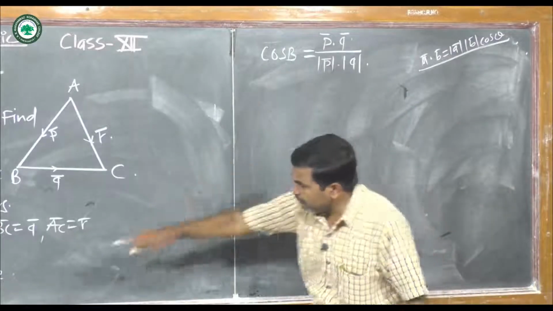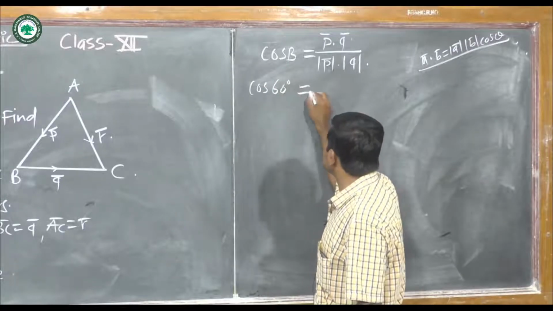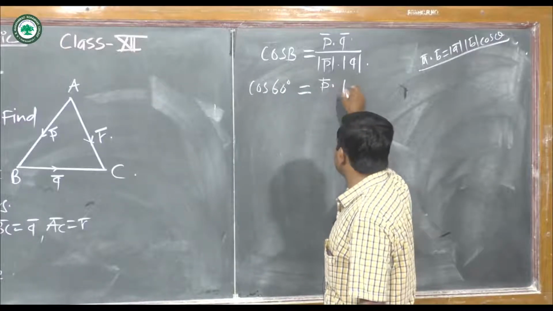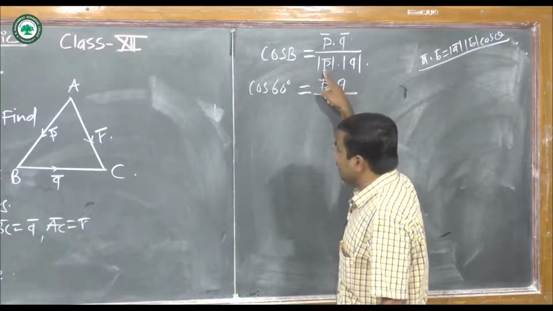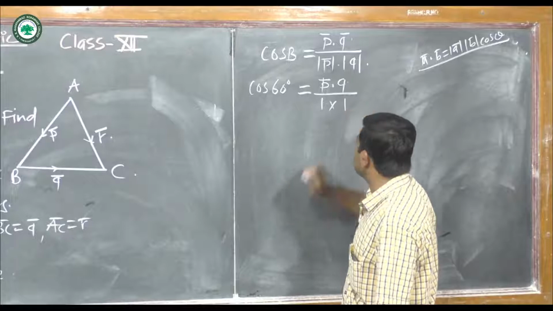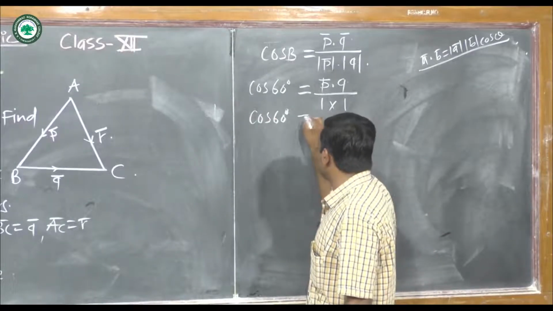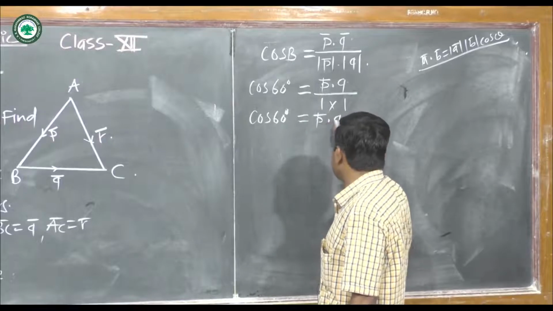But angle B is 60 degrees, so cos of 60 degrees is equal to P bar dot Q bar divided by the magnitude of vector P, that is 1, into the magnitude of vector Q, that is 1. So cos of 60 degrees is equal to P bar dot Q bar.